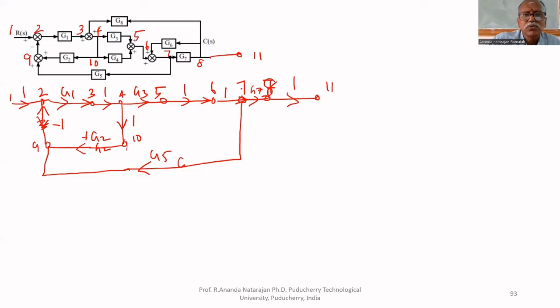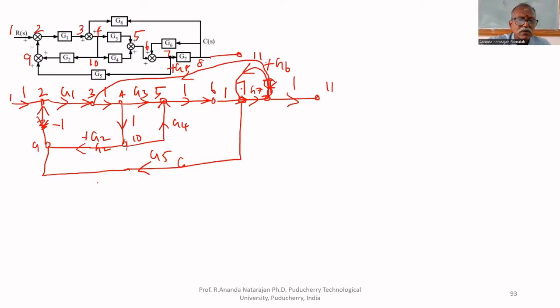Then 8 to 7 plus G6. Then same, 8 to 3, G8. That's all. Finished. G4, 10 to 5 is there. That is G4. That's all.